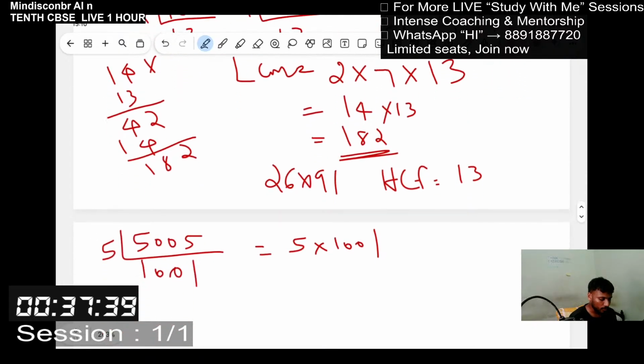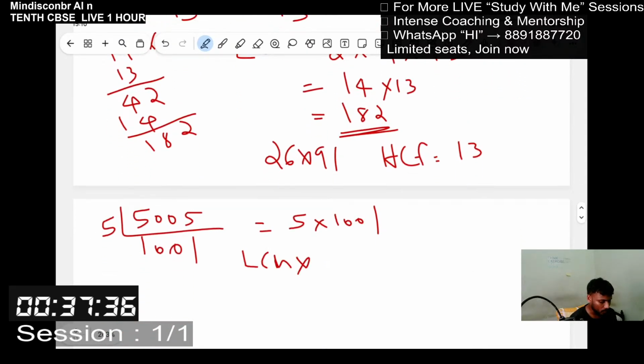And now we have to prove that LCM into HCF is equal to product of two numbers.